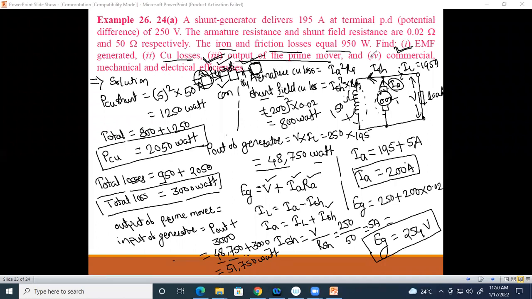Now the fourth point is to calculate the efficiency: commercial efficiency, mechanical efficiency, electrical efficiency. Tell me the formula for finding commercial efficiency according to the power stages.